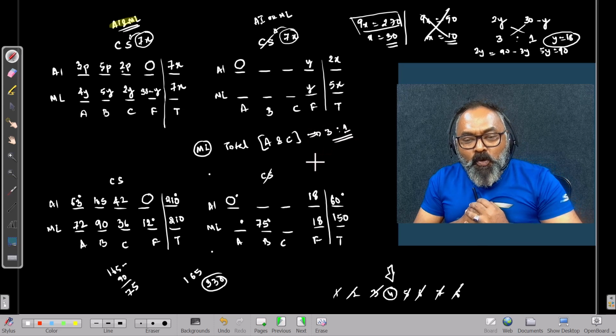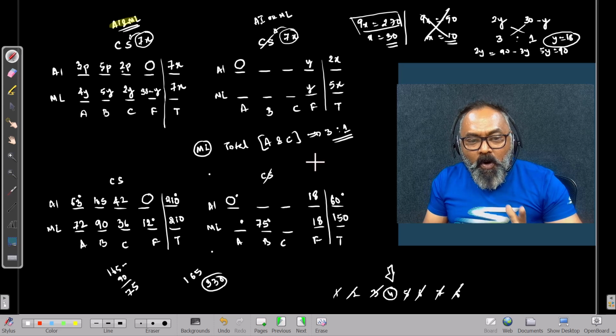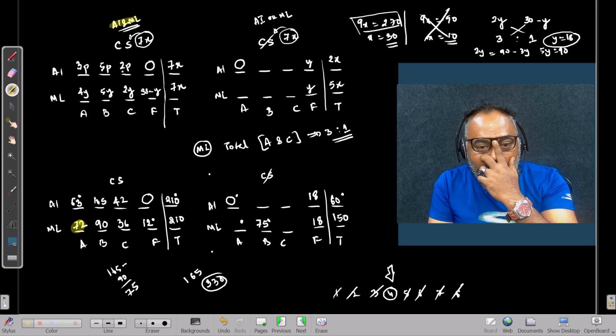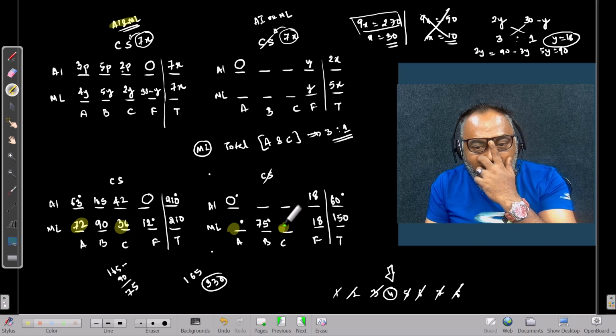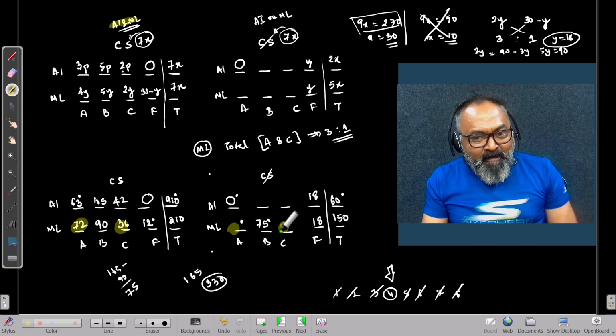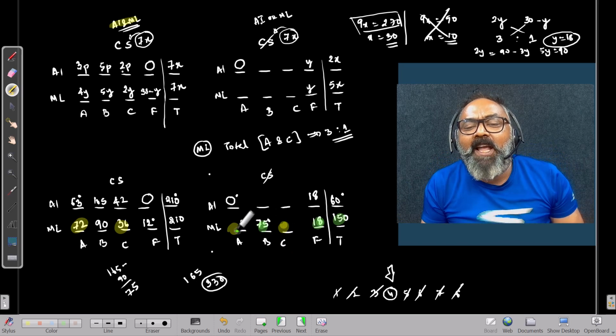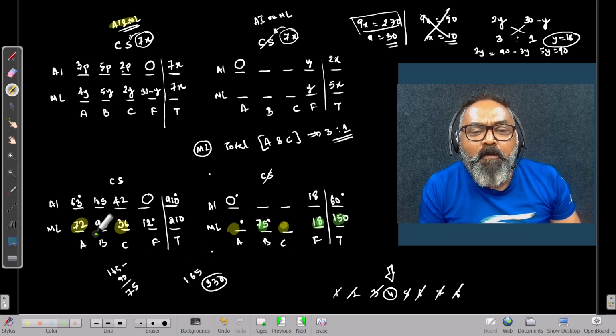I think we can find the total of A and C. What is the total of A and C? This is my A here and this is my C here. But I can find the total. How can I find the total? All we need to do is from here, remove this. Whatever remains will be the sum of A and C.